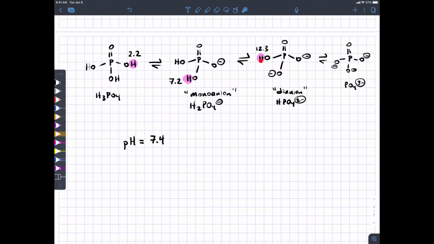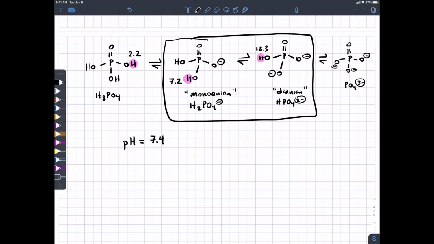How about the last proton, pKa 12? Is that on or off at pH 7? On. 12 minus 7 is a positive number, which means the acid form dominates. So the biologically relevant forms of phosphoric acid are these two.